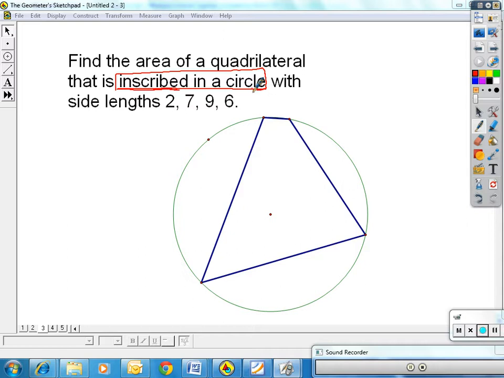So here are the lengths: a length of side 2, a length of side 7, a length of side 9, and a length of side 6.